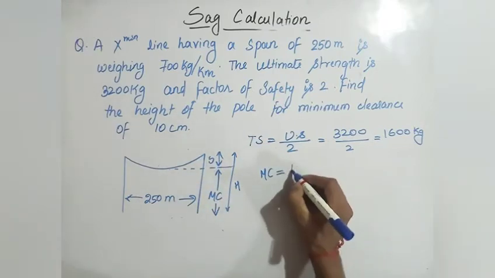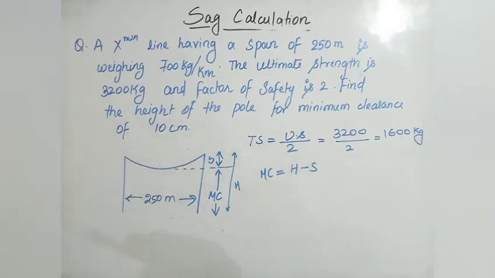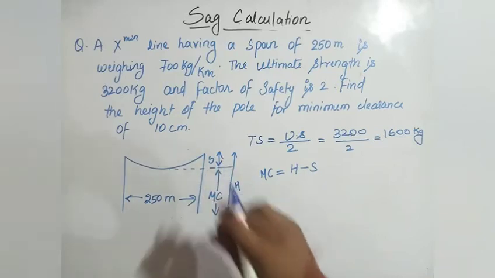So minimum clearance is H minus S. So first we need to calculate sag.